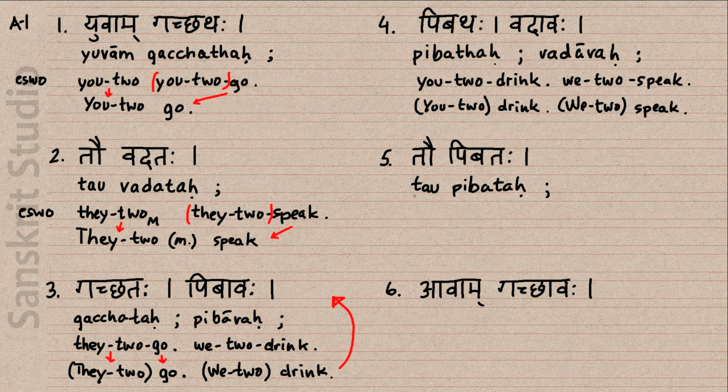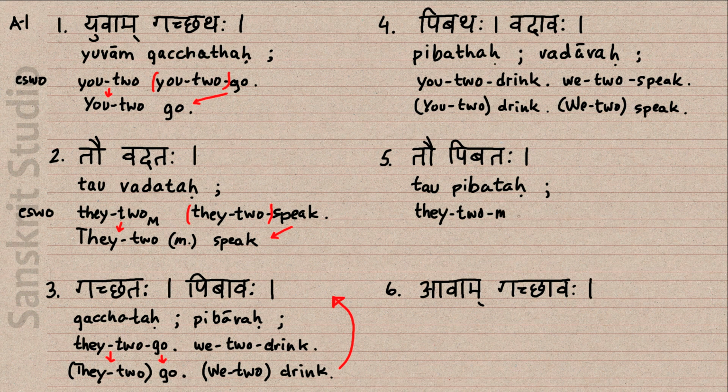And tau seems to match that also, because that's also a third person dual, but it's masculine only. So we write they two, third person, they two is dual, and then they're doing, and then they're masculine.